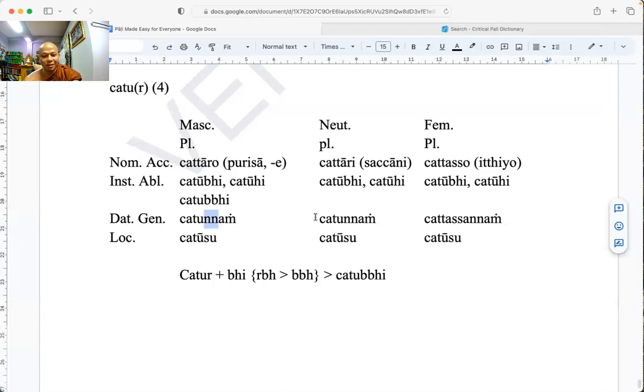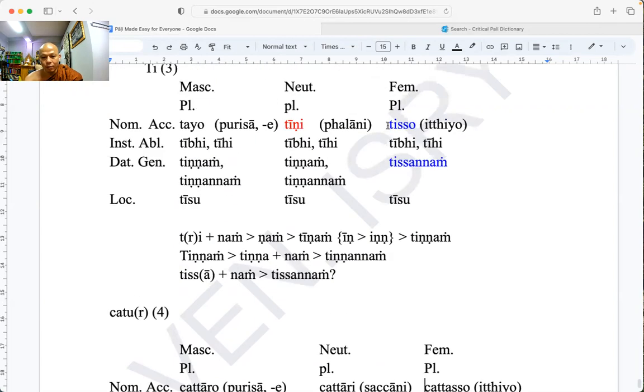Such a one also can be seen. Changing the retroflex is not all the time, optionally. So jatur and na, ra na become nana. So jatuna.